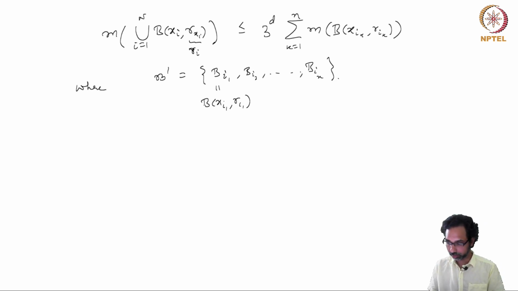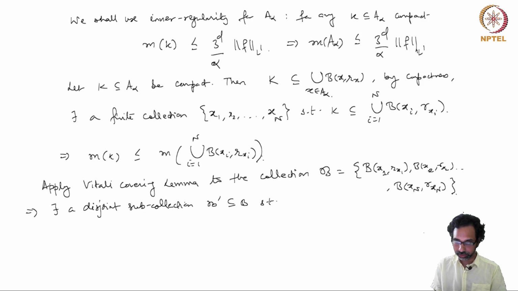So we now can estimate the measure of the compact set by the Vitali covering lemma as 3 to the power d times the sum of the measures of B(x_{i_k}, r_{i_k}). And now we will try to conclude.